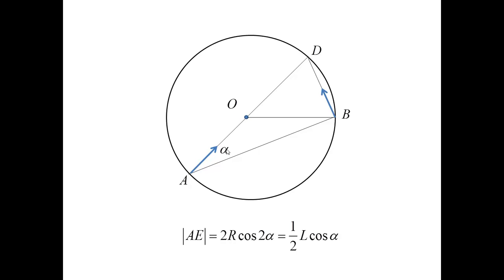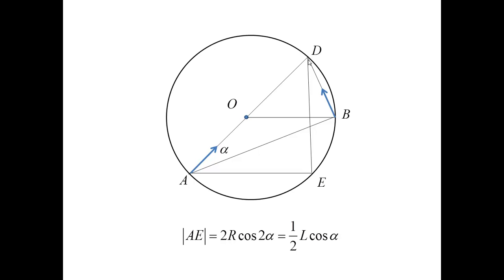Now let me proceed slightly differently. Let me start with the point D and draw a vertical line DE till it intersects the circle, and then connect A and E.